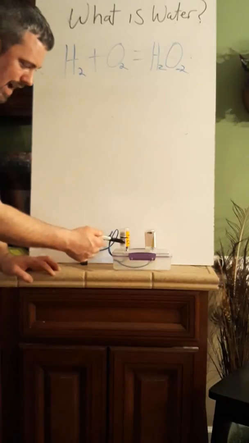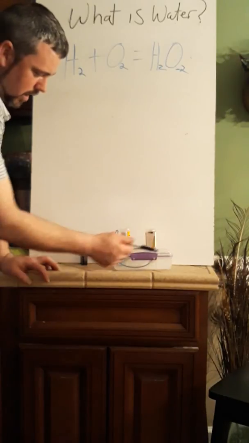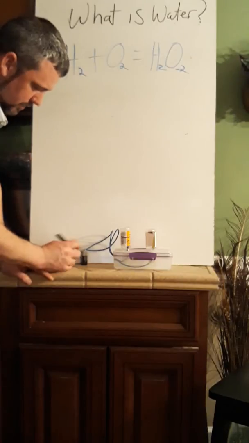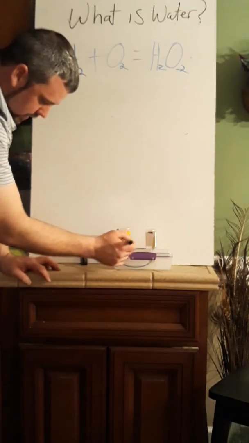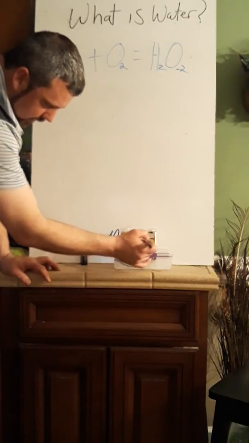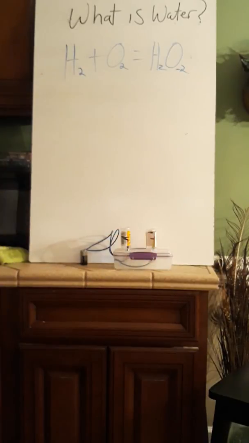This one is the hydrogen, this one is the oxygen. One of them's hooked to the positive, which is the hydrogen, and the negative is hooked to the one that's producing oxygen.